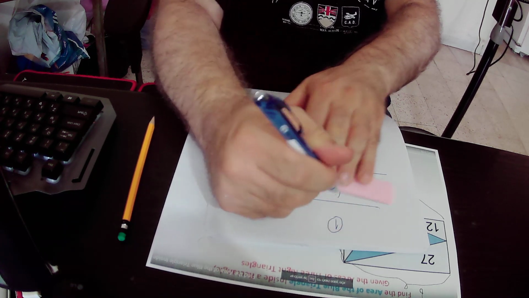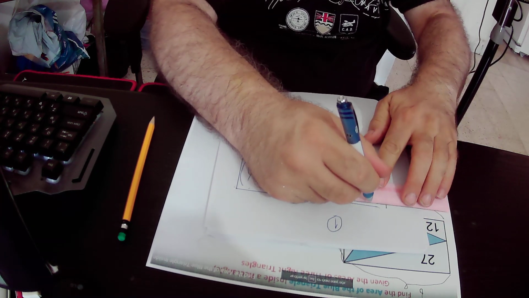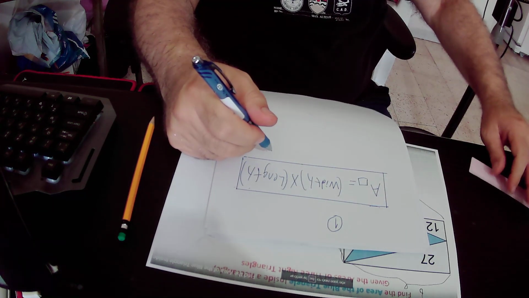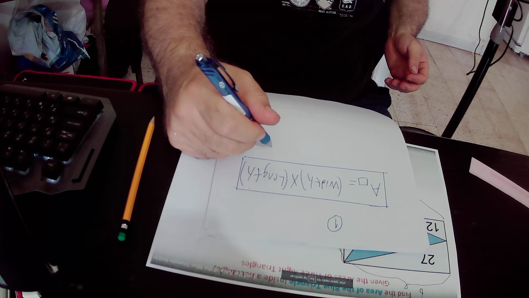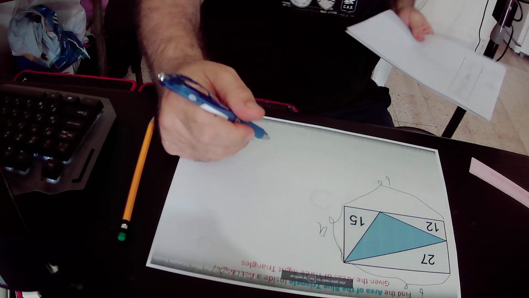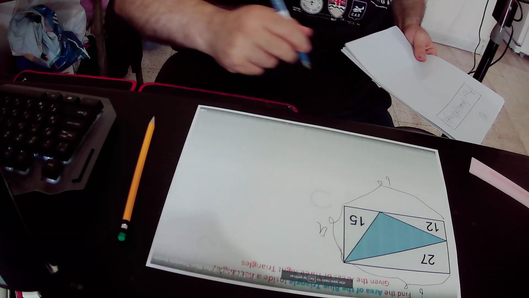and then we will subtract from the area that we found, the area of the rectangle, the sum of the areas of these three right triangles.